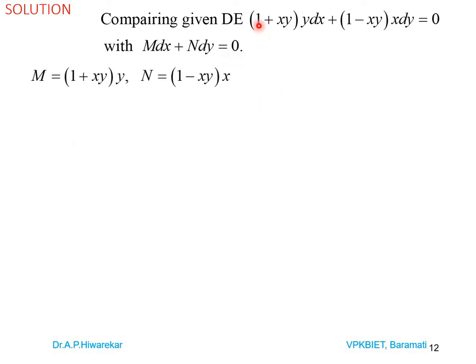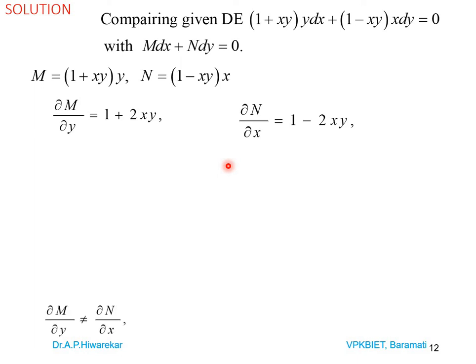M is (1 + xy)y, and N is (1 − xy)x. And obviously, if you find ∂M/∂y, that comes to be 1 + 2xy, and ∂N/∂x is 1 − 2xy. And they are not equal. So the given differential equation is not exact.